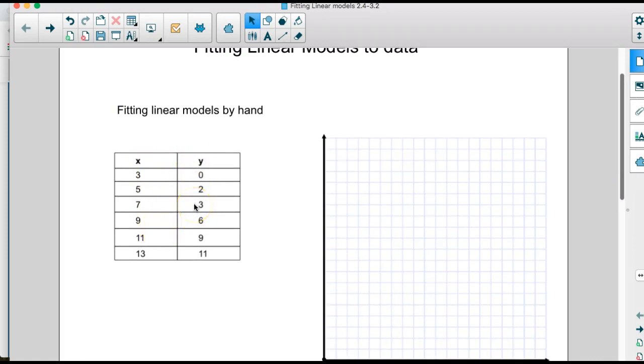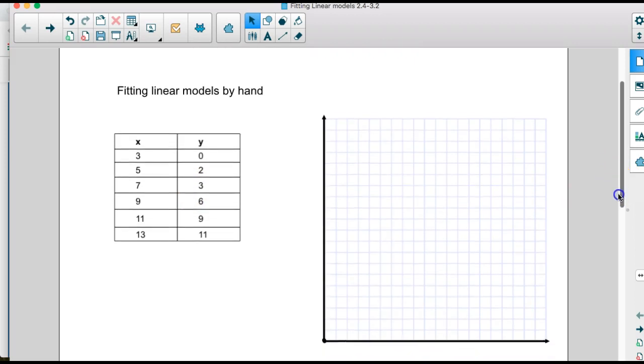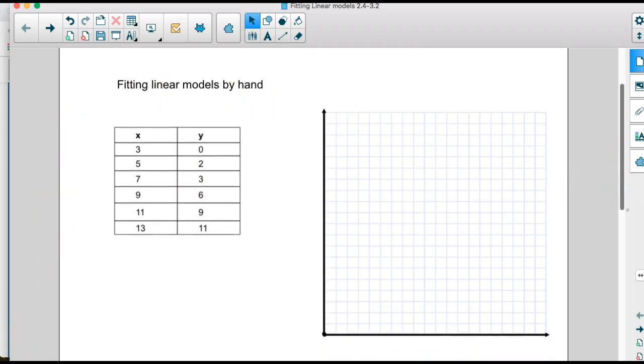XY chart. First we would want to see what kind of form it has. By that I mean, is it linear to begin with? So what we want to do is graph these points and see what we have specifically for this data set.